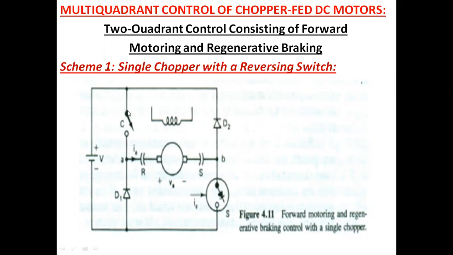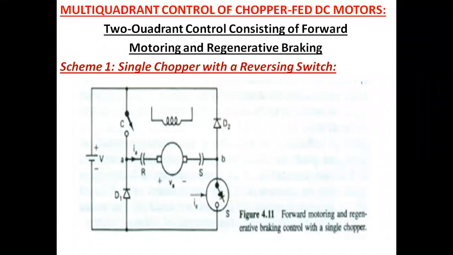In the circuit we also see another switch, called the manual switch. When switch C is closed, S will be in operation, and we get the same circuit I showed you in figure 4.3a.